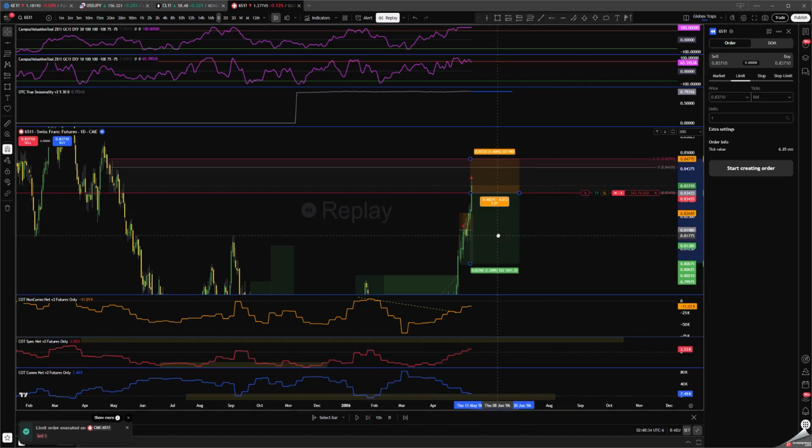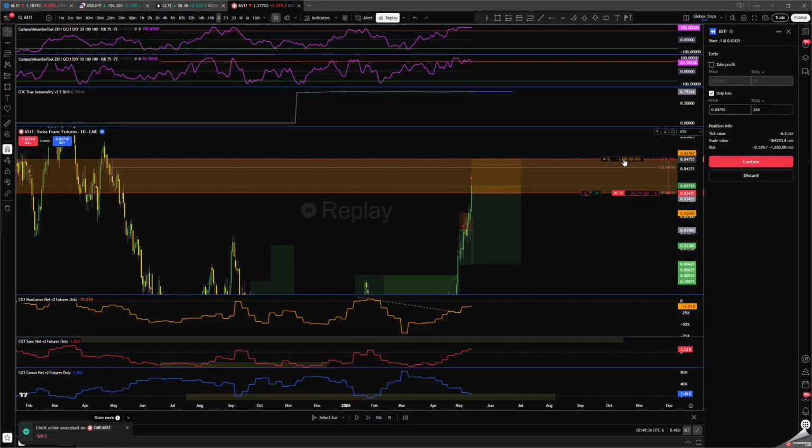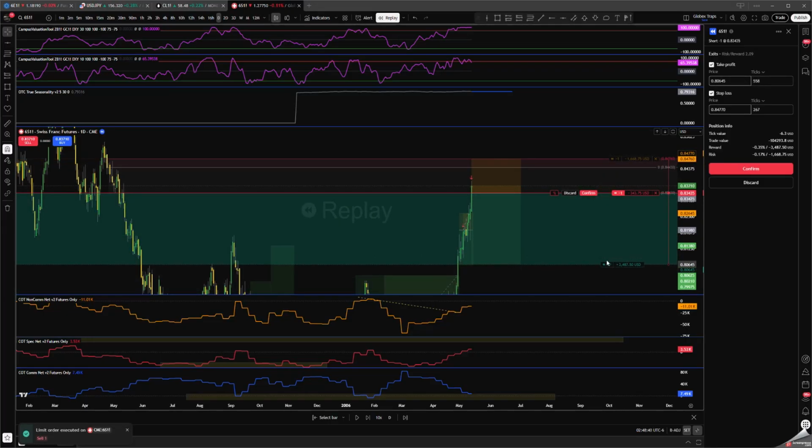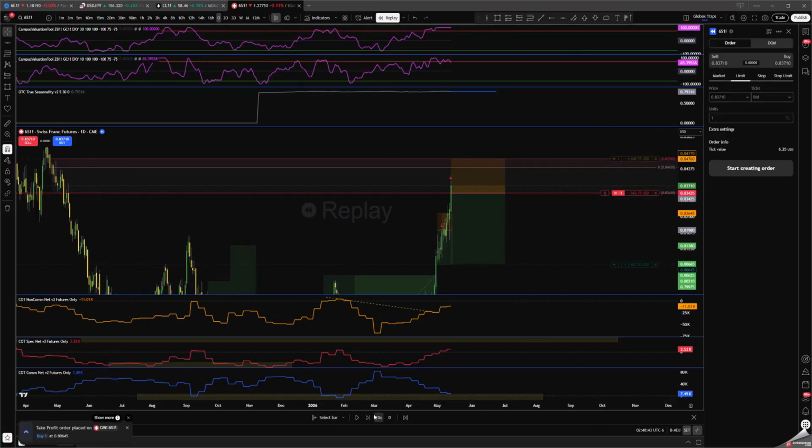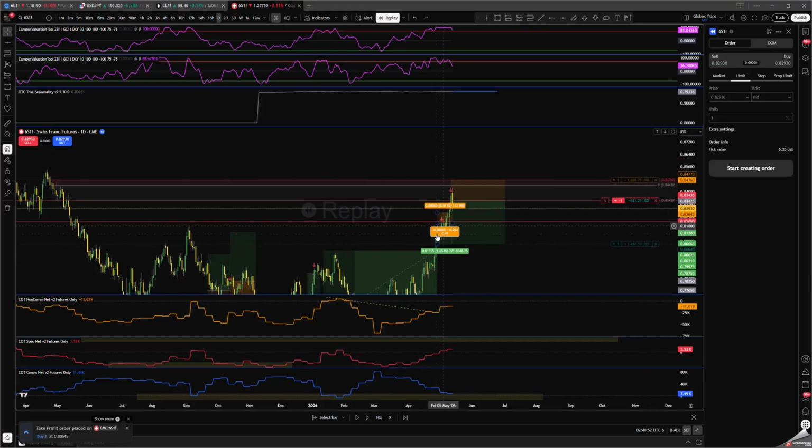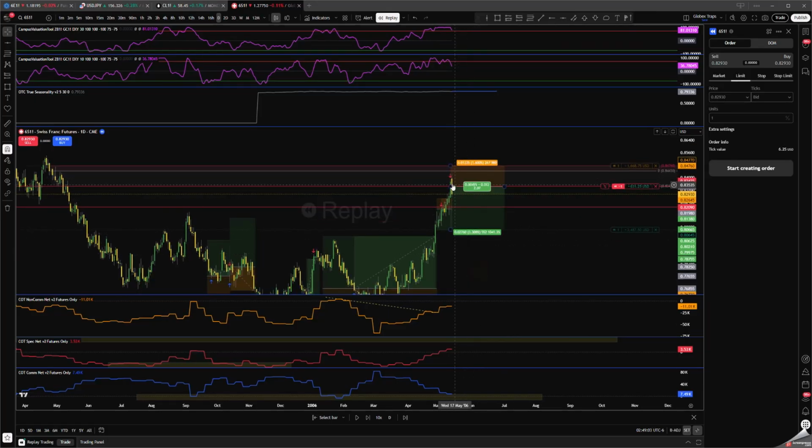Okay, we are filled again. One-to-one will be here. And if we look at the price, this doesn't look like a really good, it looks like sideways movement, and I'm expecting it to break and go somewhere around this demand zone.